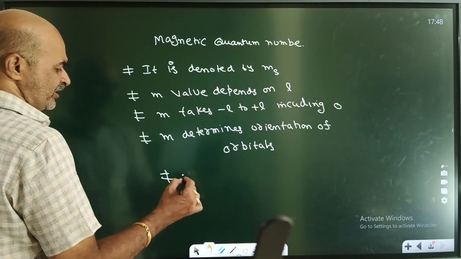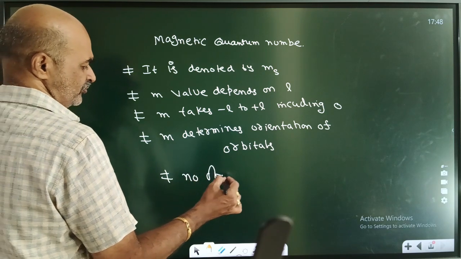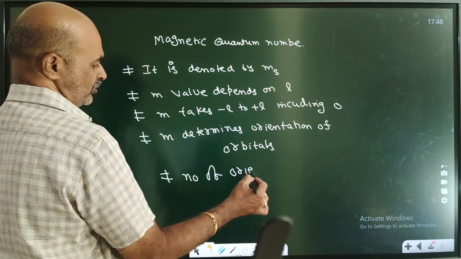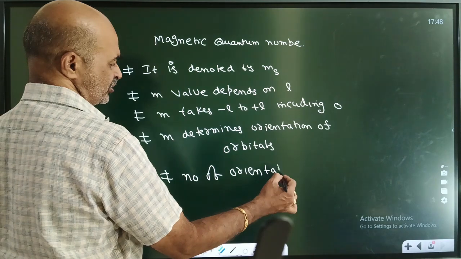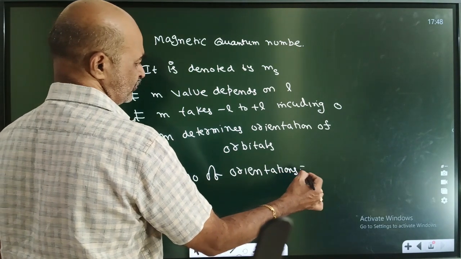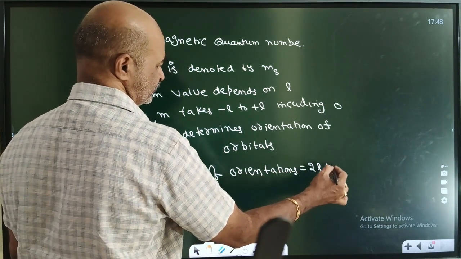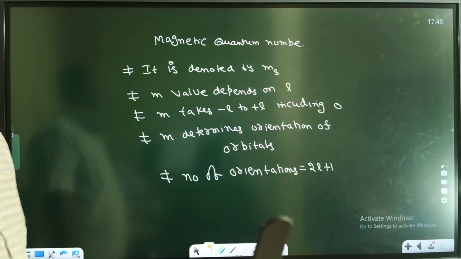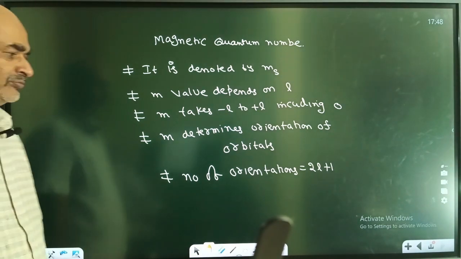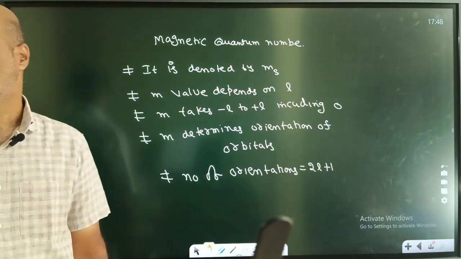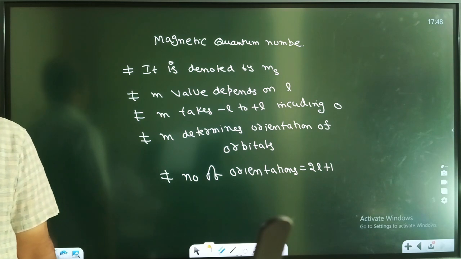The number of orientations is equal to 2L plus 1.